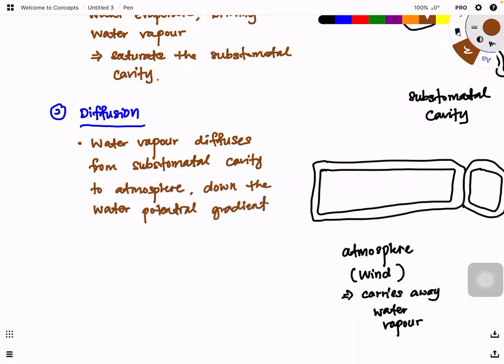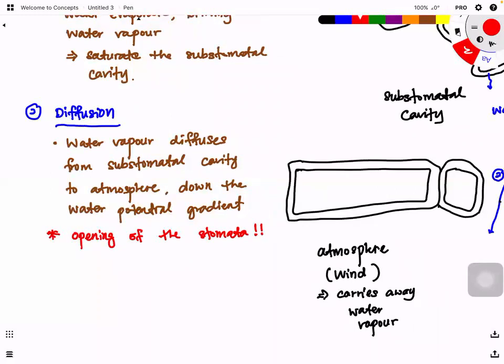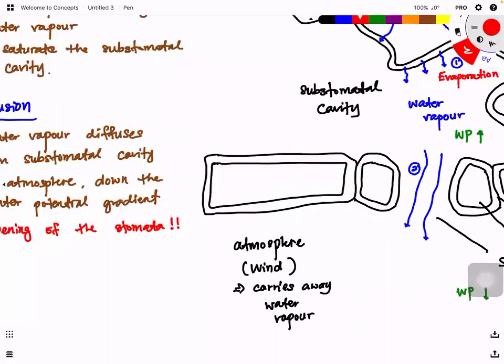And this will happen because of what? Because of the opening of the stomata. Because of the opening of the stomata, therefore water vapor now diffuses from the substomatal cavity to the atmosphere down the water potential gradient. So here is diffusion.